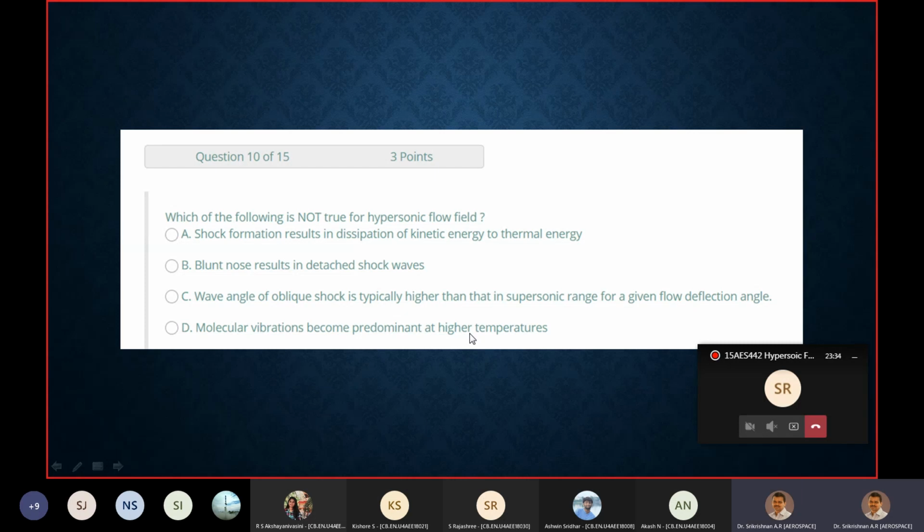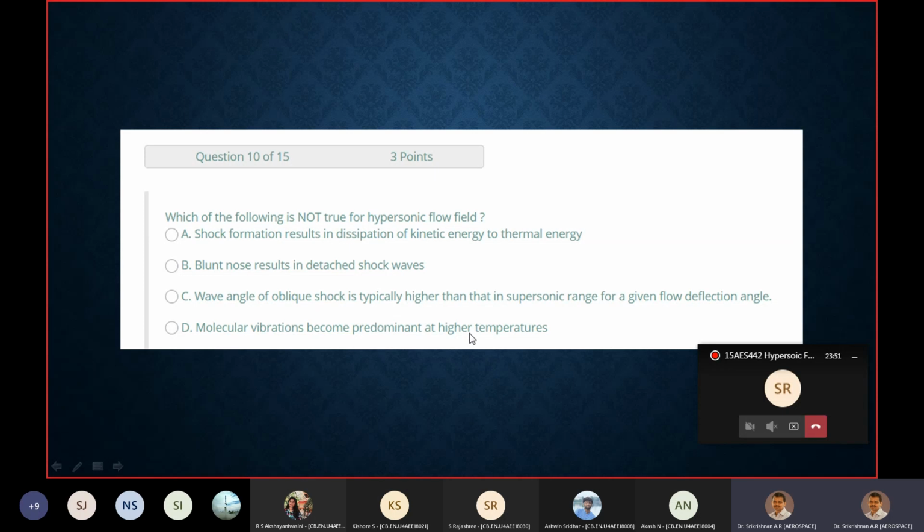Blunt nose results in detached shock waves is very obvious. It is true, so that's not the correct one also. Wave angle of oblique shock is typically higher than that in SOPA; I'll come to that. Molecular vibration becomes predominant at higher temperatures.